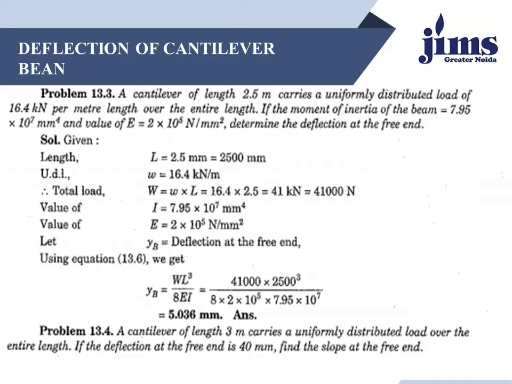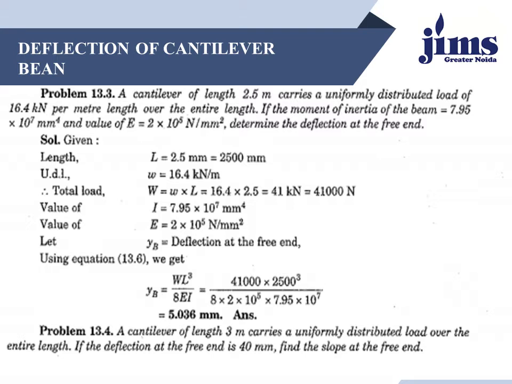So the total load on the beam is represented by the capital W. Capital W is equal to small w multiplied by the whole length of the beam, or in mathematical form, capital W is equal to small w multiplied by L. So it is equal to 16.4 multiplied by 2.5, or 41 kilonewton, or 41000 Newton.